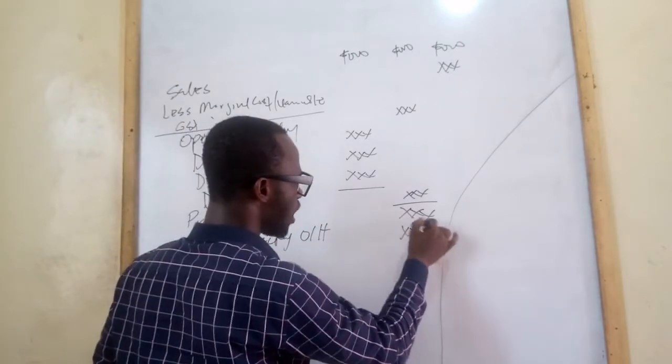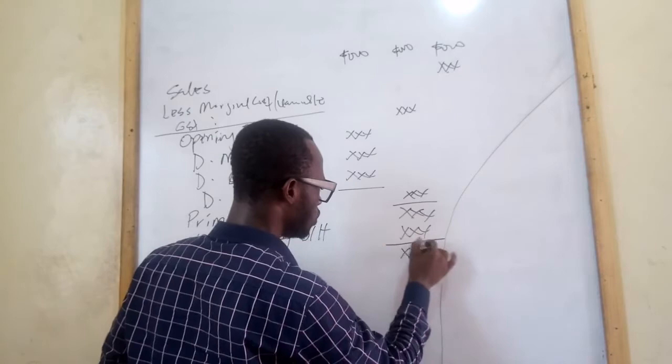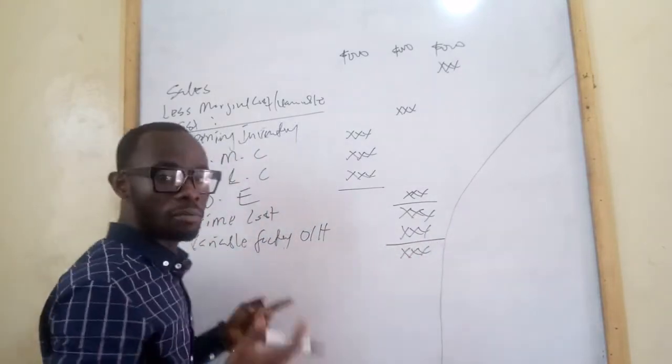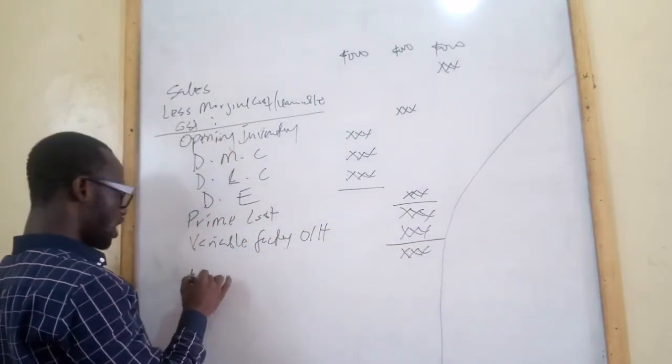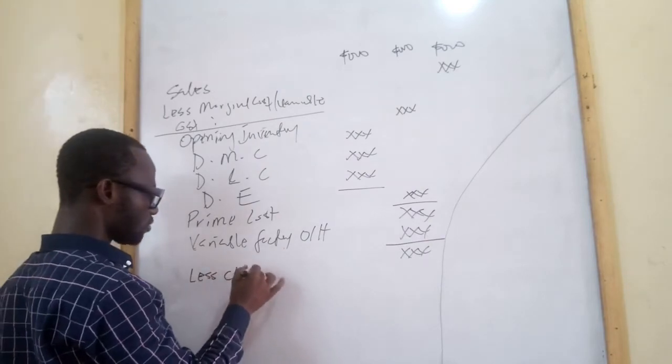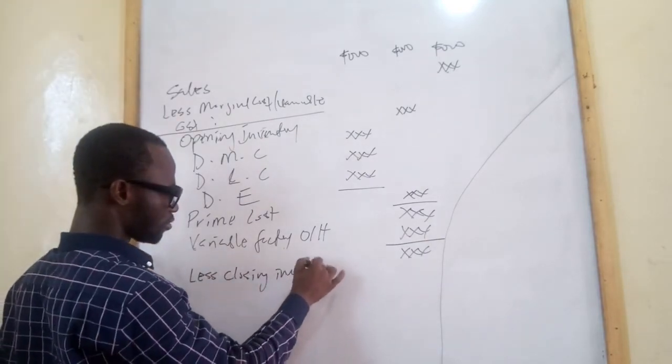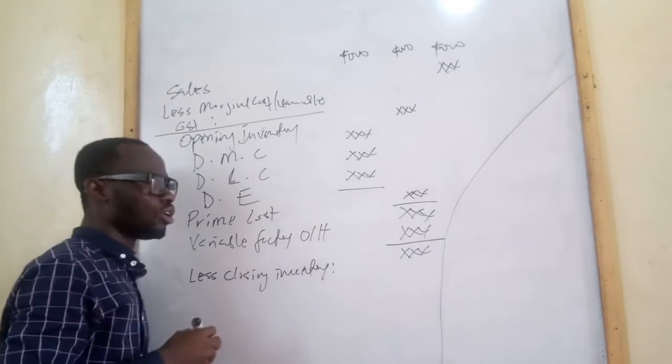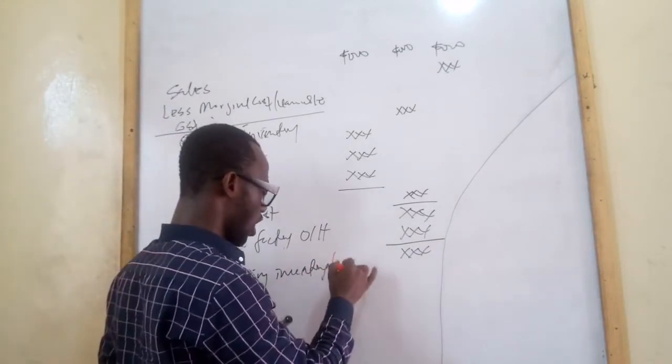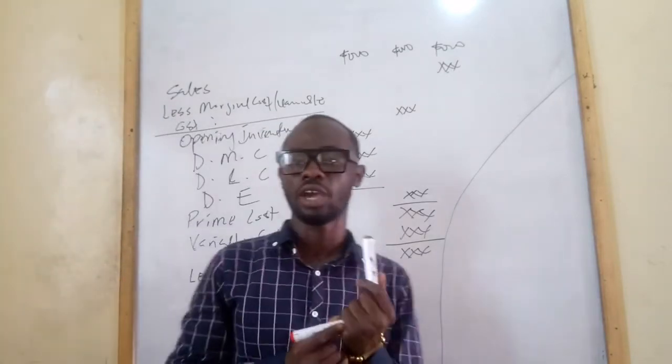Then this will be the total cost of the products. Then from this we less our closing inventory.